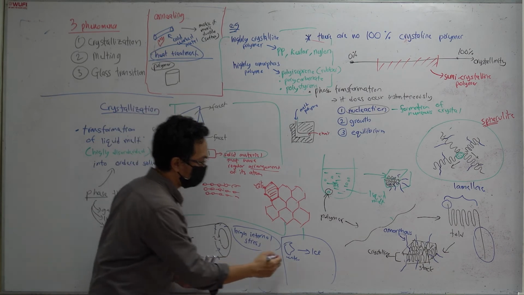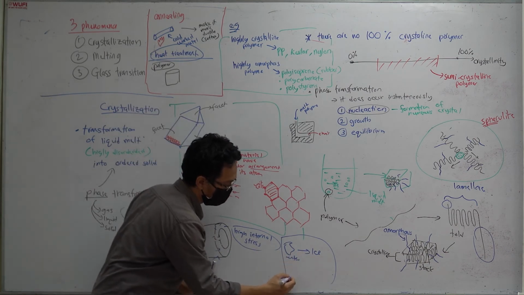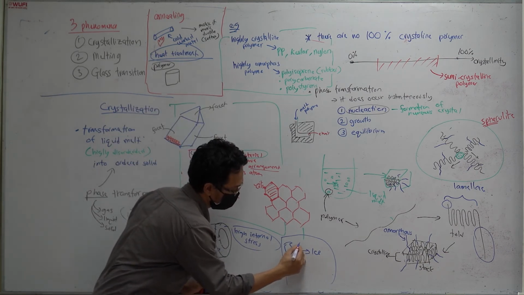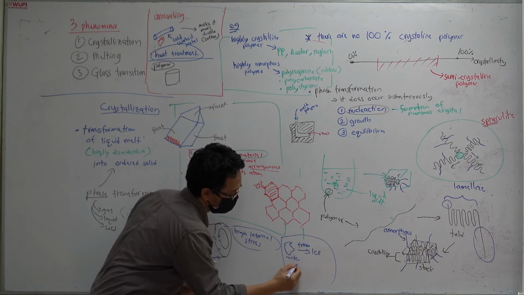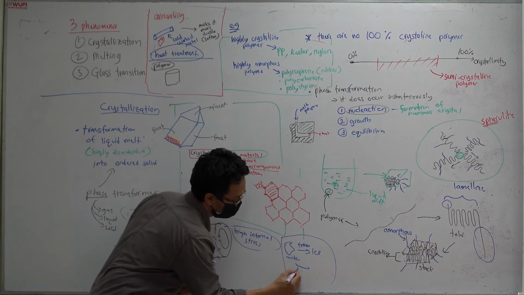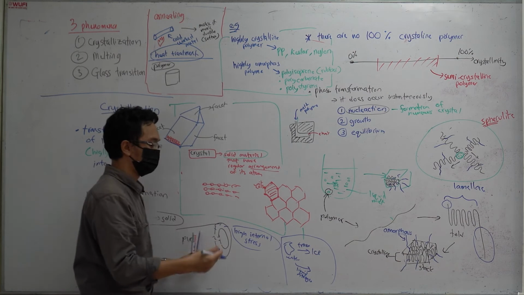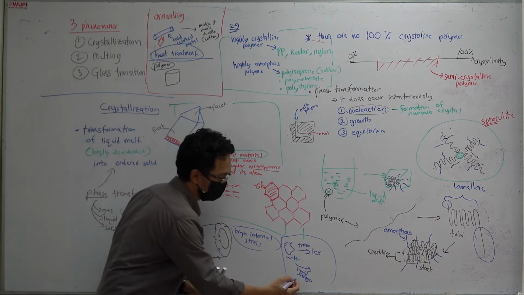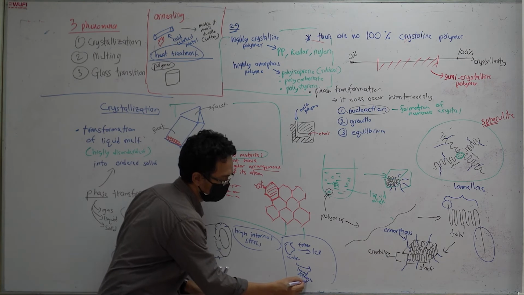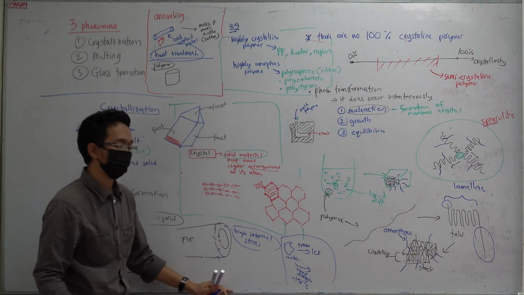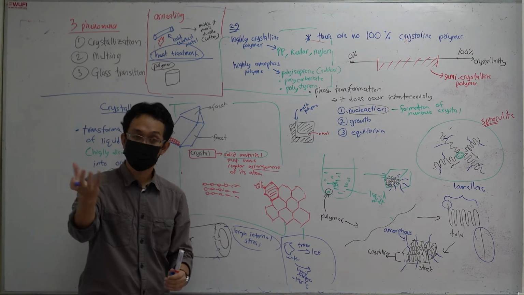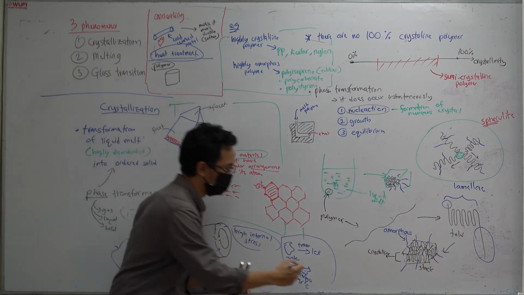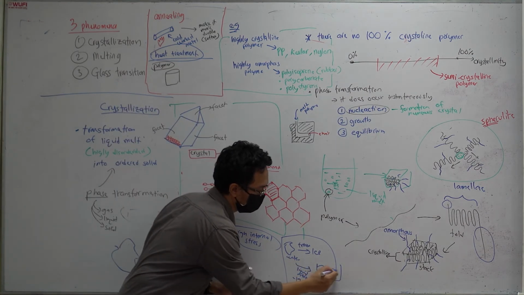There is another way to do this: instead of putting water inside the freezer, you put it in liquid nitrogen. Liquid nitrogen is basically nitrogen in liquid form, and its temperature is negative 196 Celsius. So let's say you have a glass of water and you put it in a box that contains liquid nitrogen.